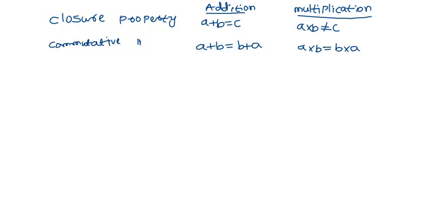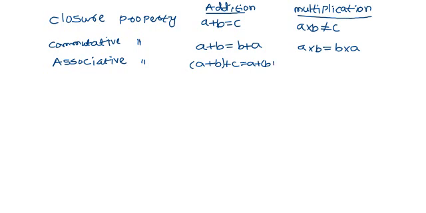So the next property is the associative property. The associative property explains that (a plus b) plus c is equal to a plus (b plus c).